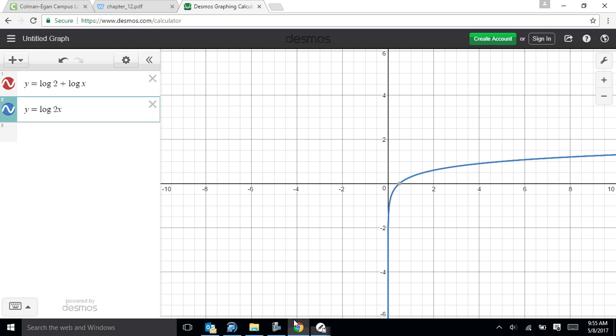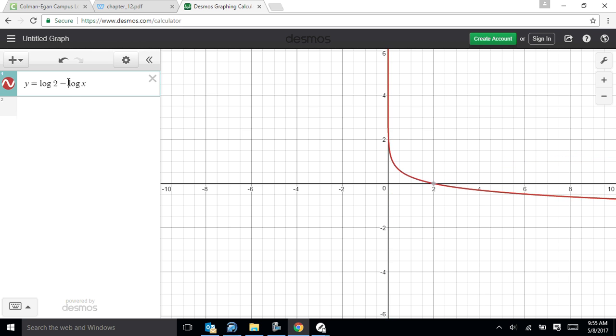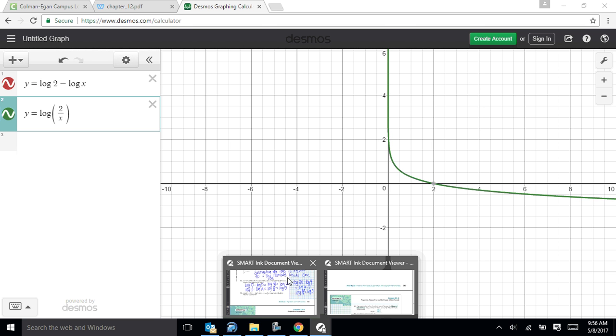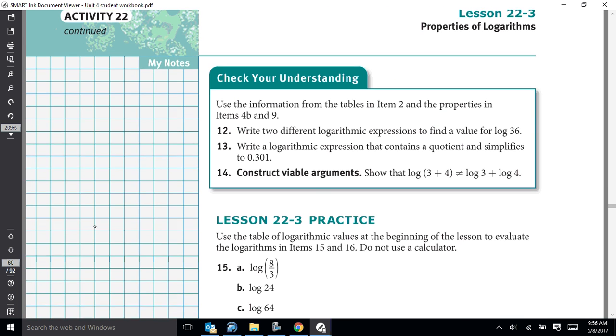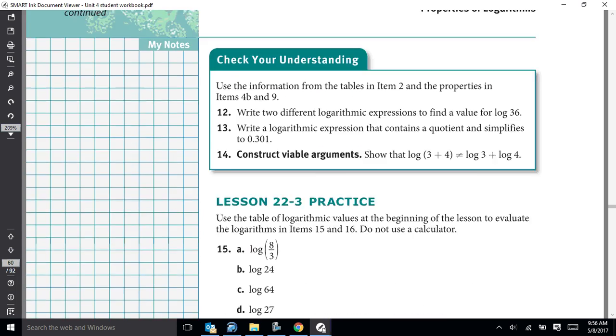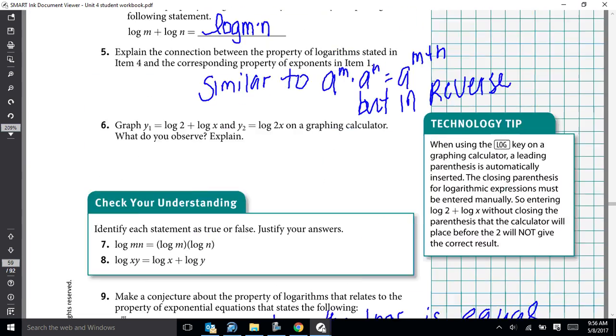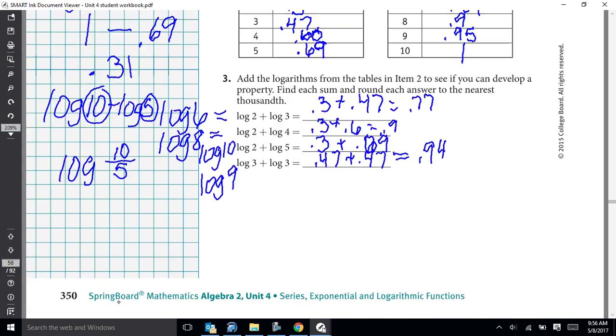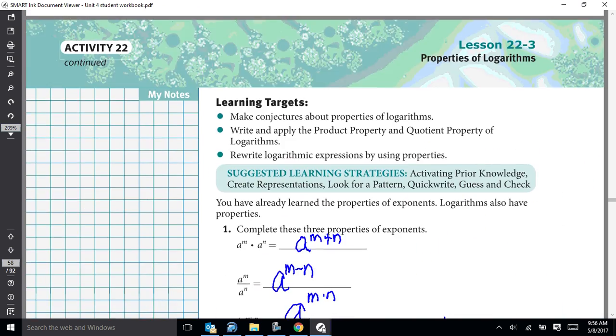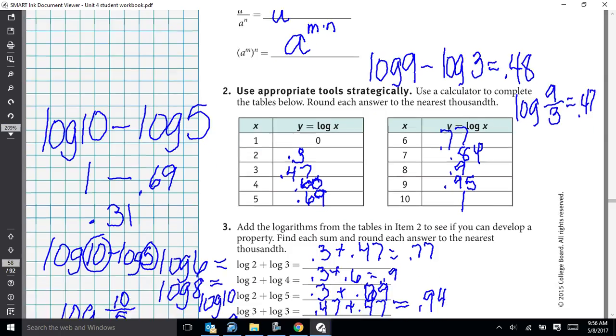We would expect them to be the same. And they are.